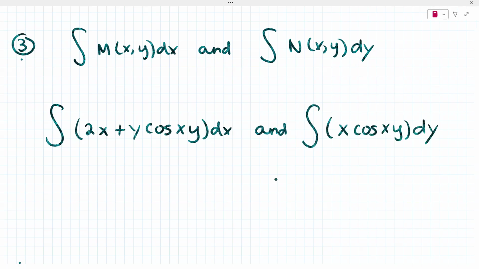Okay, how do I take the integration of this in respect to x? Well, the integration of 2x is 2x, this has the power of 1, so 1 plus 1 is 2, over 2.